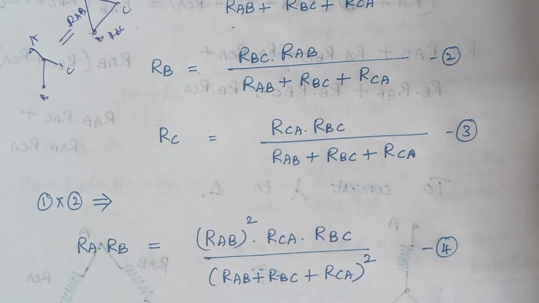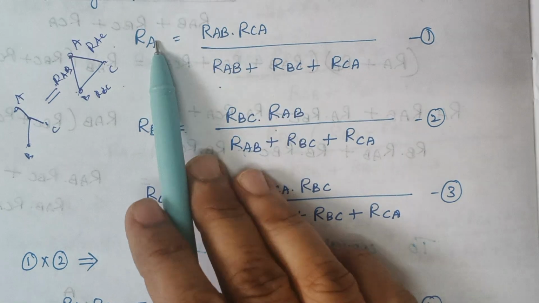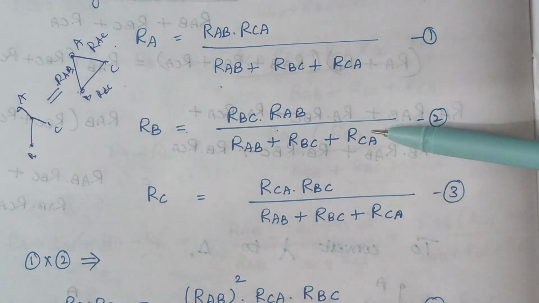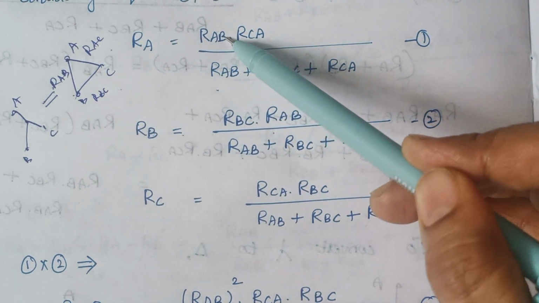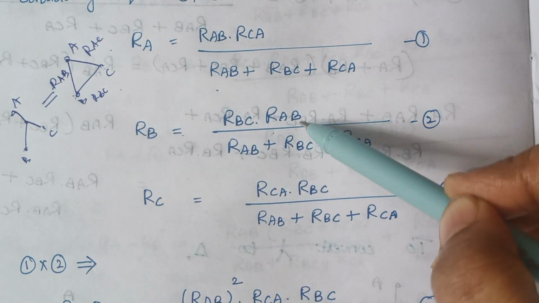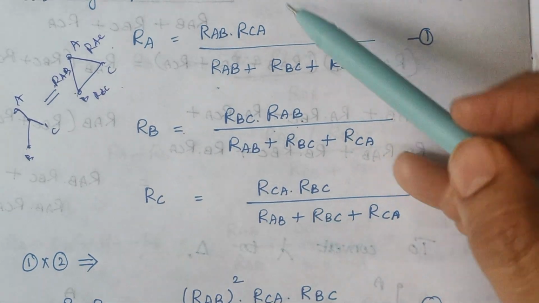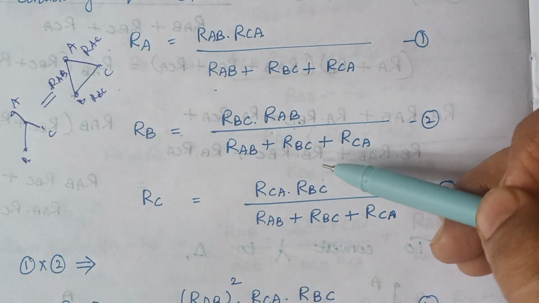When you multiply, you see RA into RB on the left hand side gets multiplied. Next we are going to multiply these two terms. When you look at these two terms, there is an RAB here and also an RAB here. Therefore the combination is RAB the whole square into RCA into RBC.